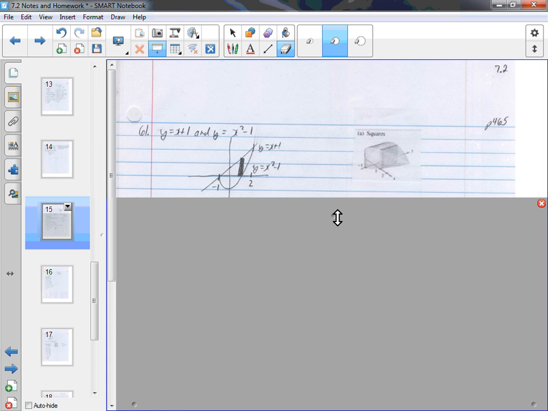So perpendicular to the x-axis, what variable are we going to be working with? X.